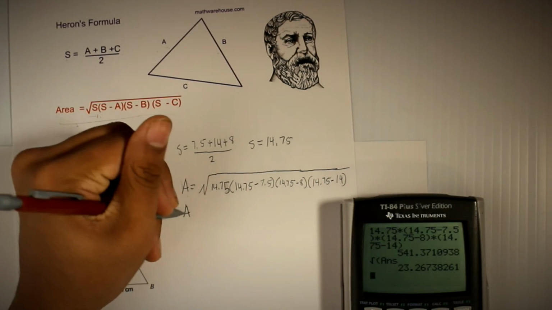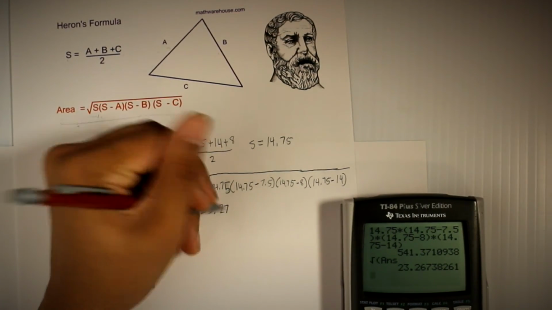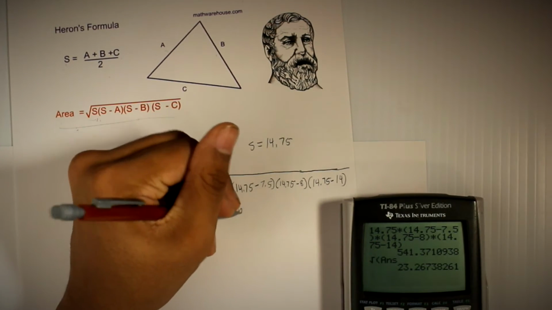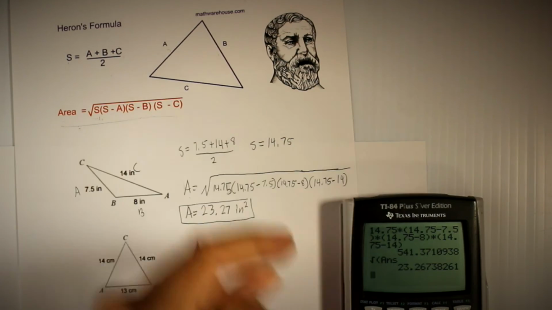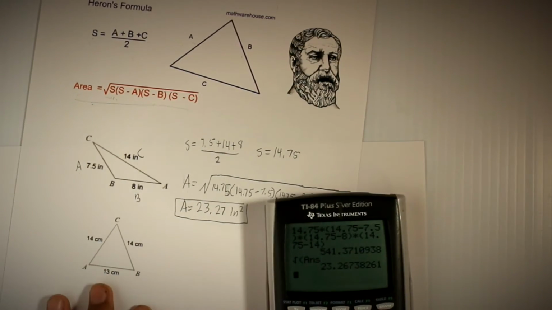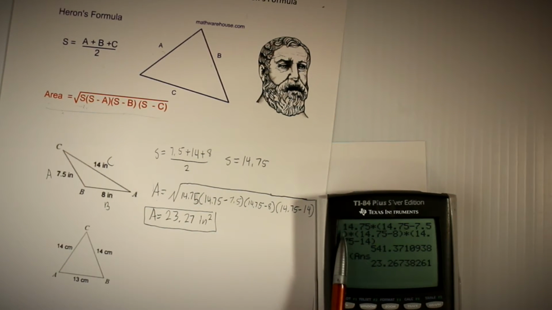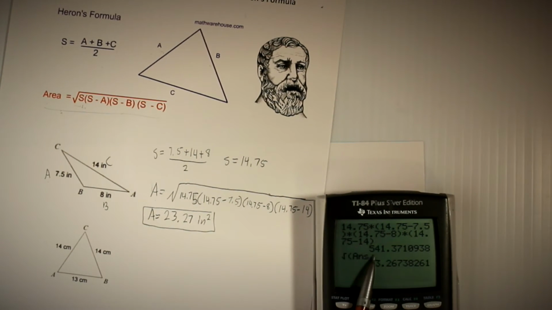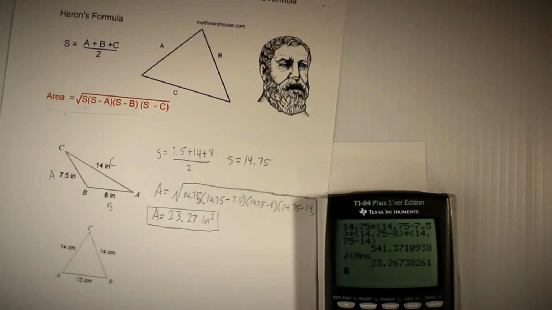The area should come out to be 23.27 inches squared. Sorry for the TI-84, but that's the way we have to type it in. Once I got that answer, I square rooted it, just like in the equation, and I got my area.